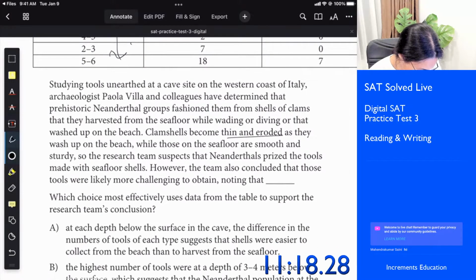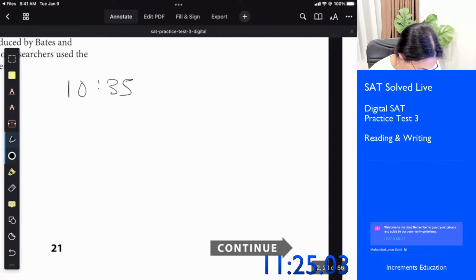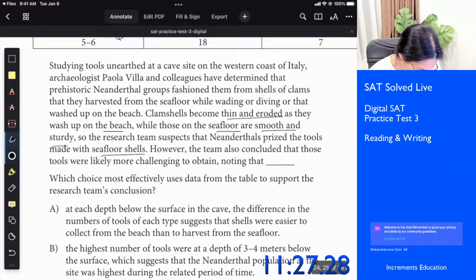Thin and eroded as they wash, while this on the seafloor. Seafloor is smooth and sturdy. Seafloor shells, more challenge to obtain.